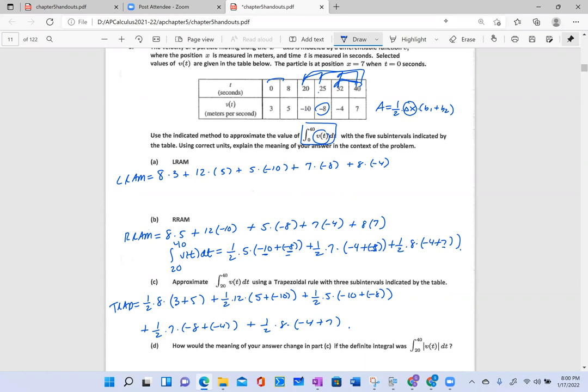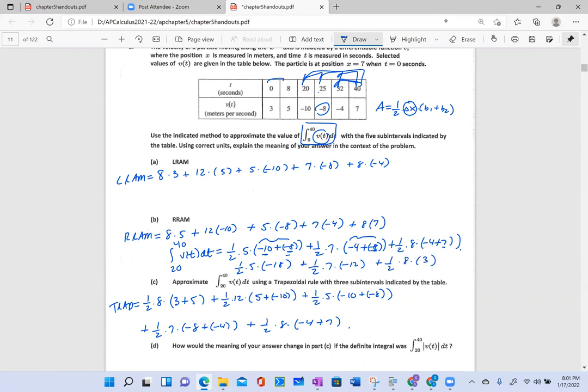And again, the only way to clean that up is you could factor out the 1/2, but you'd have to add these right here and then multiply. So you would do 1/2 times 5 times negative 18, plus 1/2 times 7 times negative 12, plus 1/2 times 8 times 3.